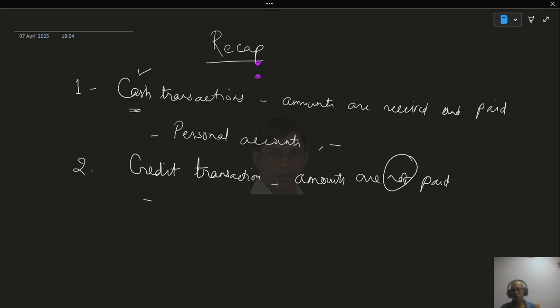Then third, we have learned books of prime entry. So what are the books of prime entry?